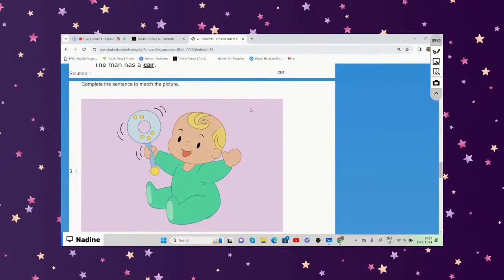So we see a baby. What else do we see? What does the baby have in his or her hand?